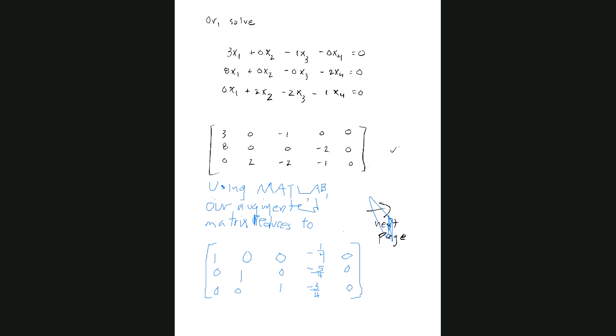So now write down, what do you want to be your free variable? What makes sense to have as your free variable? X1, X2, X3, or X4? X4, definitely. So go ahead and write out X4 as free, and then write down what X1, X2, and X3 are.